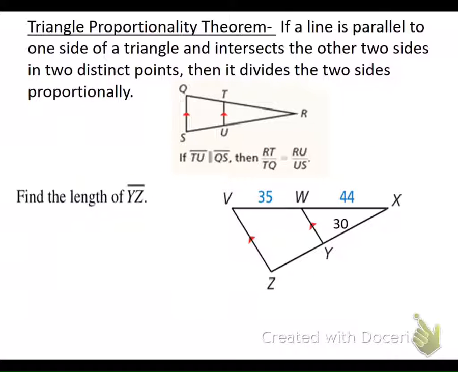But what this is saying is if you know that these two sides are parallel, and it hits the other two sides of the triangle, then you can create a proportion with this piece and this piece, and this piece and this piece.